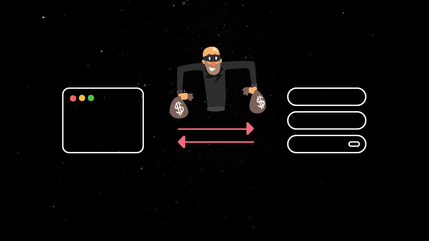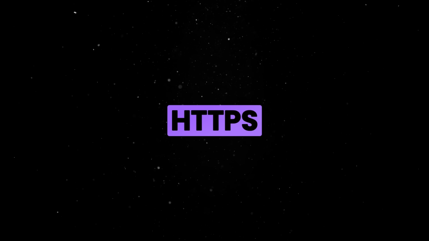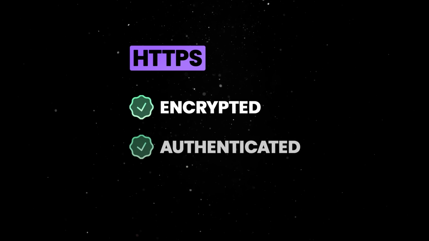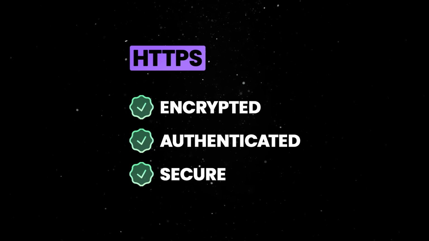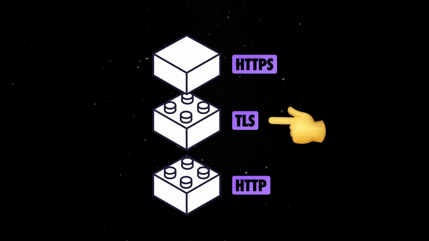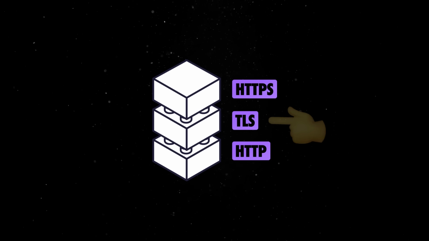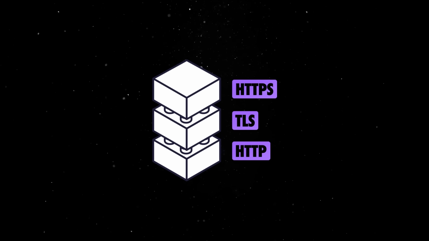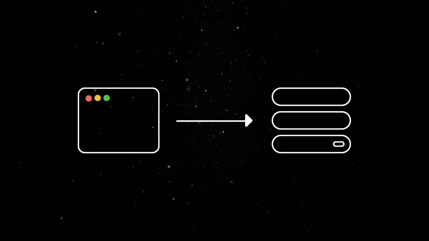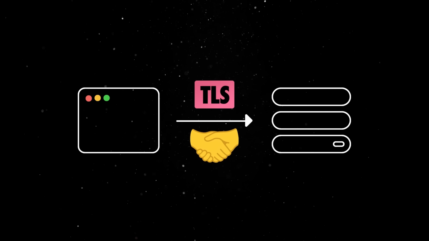To address this flaw, the industry adopted HTTPS, which ensures that communication between the client and the server is encrypted, authenticated, and secure. HTTPS builds on the HTTP protocol by adding a layer of encryption via secure sockets layer and transport layer security, mitigating the risks associated with transmitting sensitive data over an unsecured connection. In practice, when a client initiates a connection to an HTTPS server, a process called the TLS handshake begins.